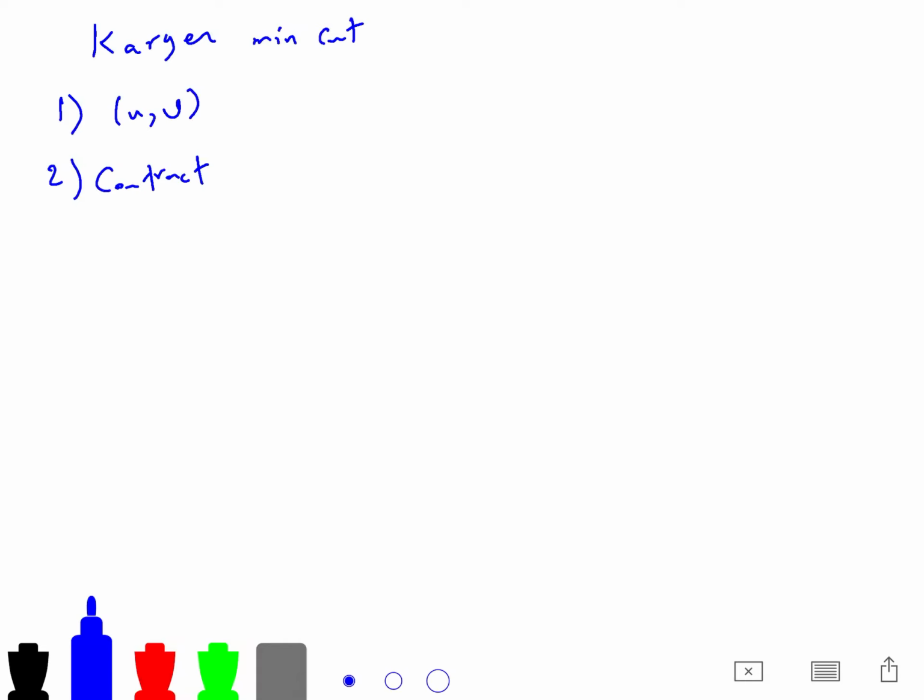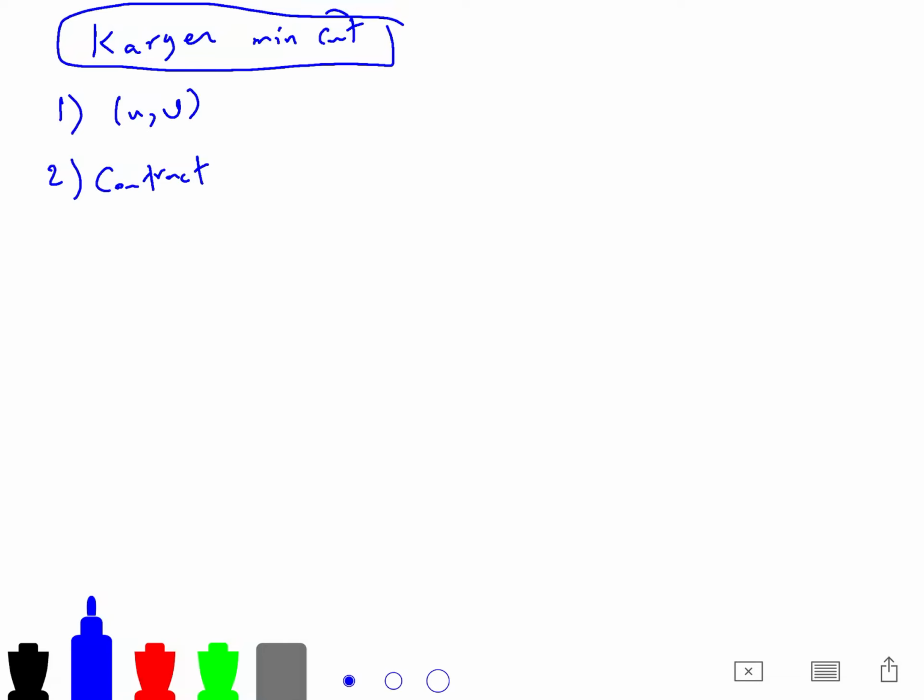After several times with high probability, we get what we want. We get the min cut. Of course, this approach can also be used for k-cut, because we can stop before k edges are left and k parts are left.